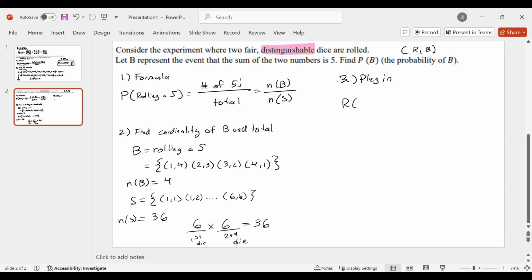And then step 3 is to plug in. So the probability of B, which is rolling a 5, is going to be n of B over n of S, which is 4 over 36, which is 1/9, right? And you should always get nice fractions for all of your answers.